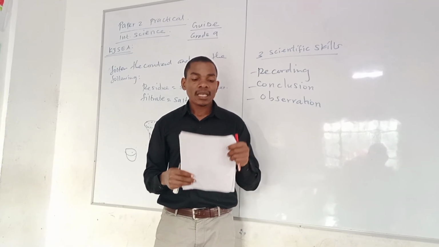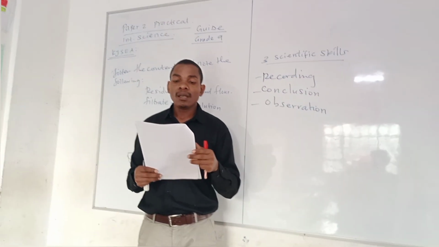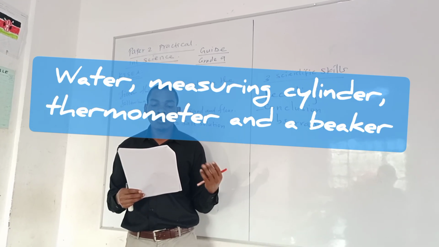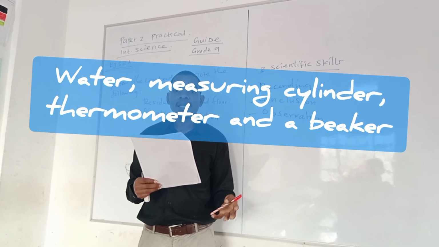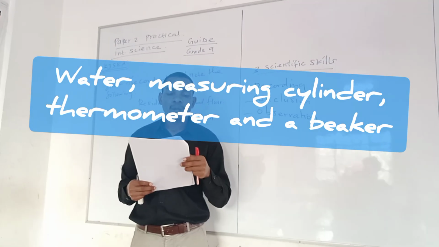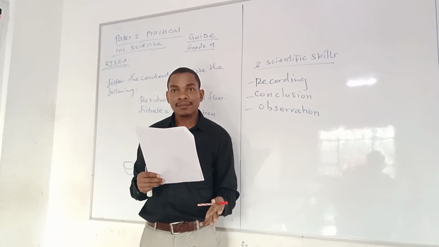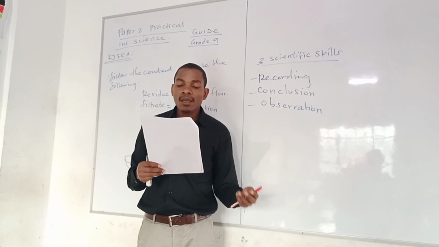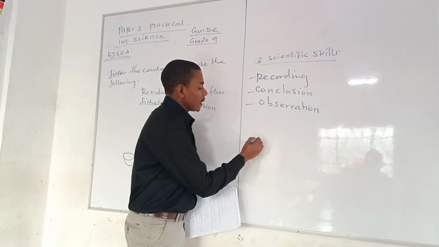Question 2. Remember this prediction 4. Second question arises like this. You are provided with water, measuring cylinder, thermometer, and beaker. Procedure: pour some water into the beaker. Using the measuring cylinder, carefully measure exactly 60 centimeters cubic.